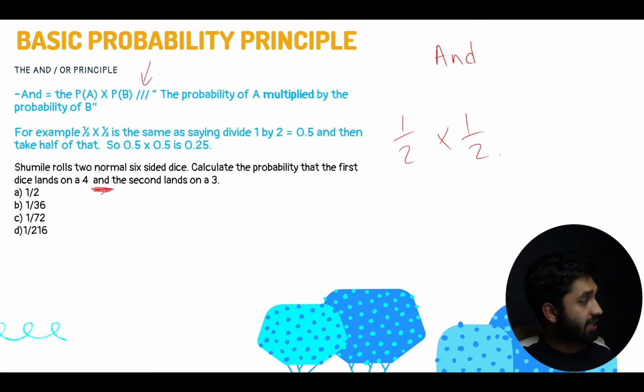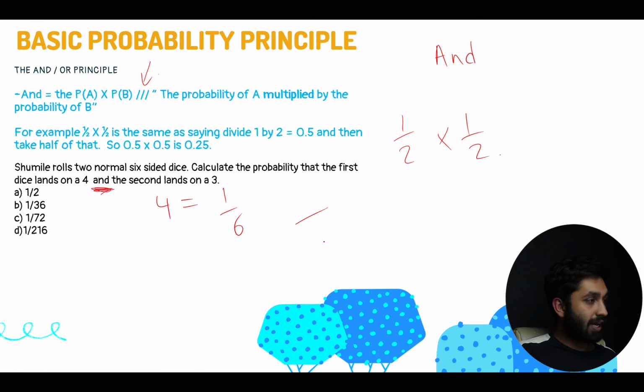Now the probability of rolling a 4 is what? The probability of rolling a 4 is 1 over 6. Now why is it 1 over 6? Well, as we know, on a normal six-sided dice, there are 6 sides, and one of those sides is 4.